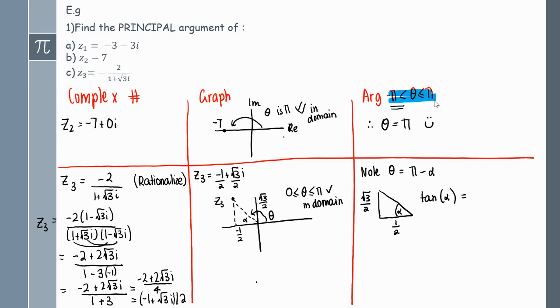And then I can use my knowledge of tan or this identity triangle to figure out what alpha is. I know this is already an identity triangle. Opposite the root 3 on 2 should be the angle pi on 3 if you remember that.